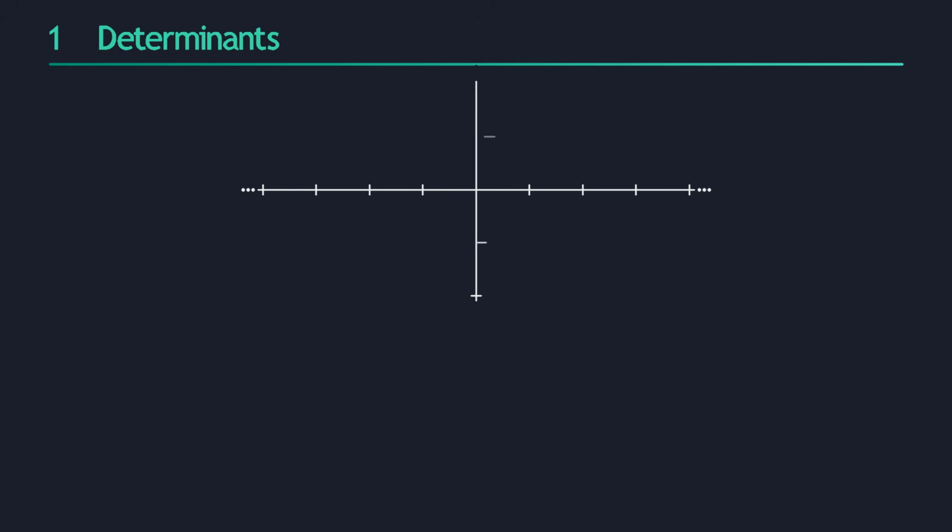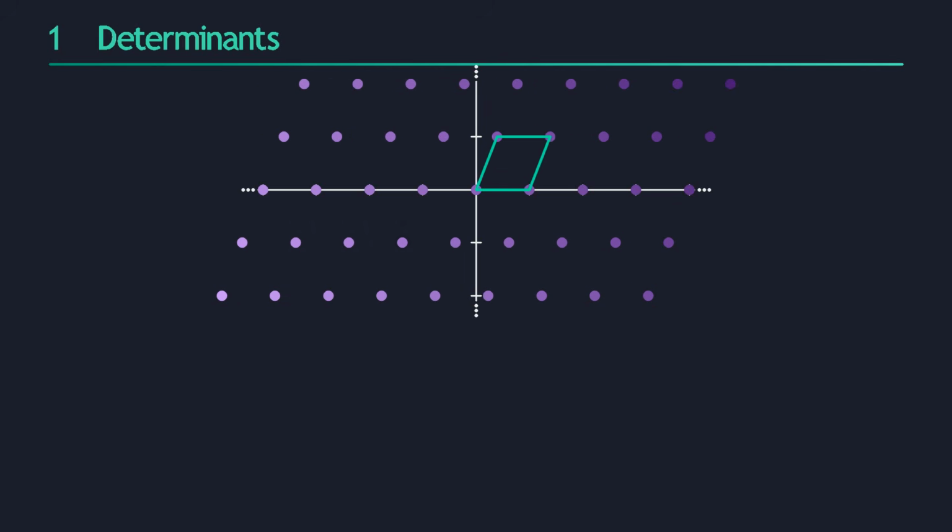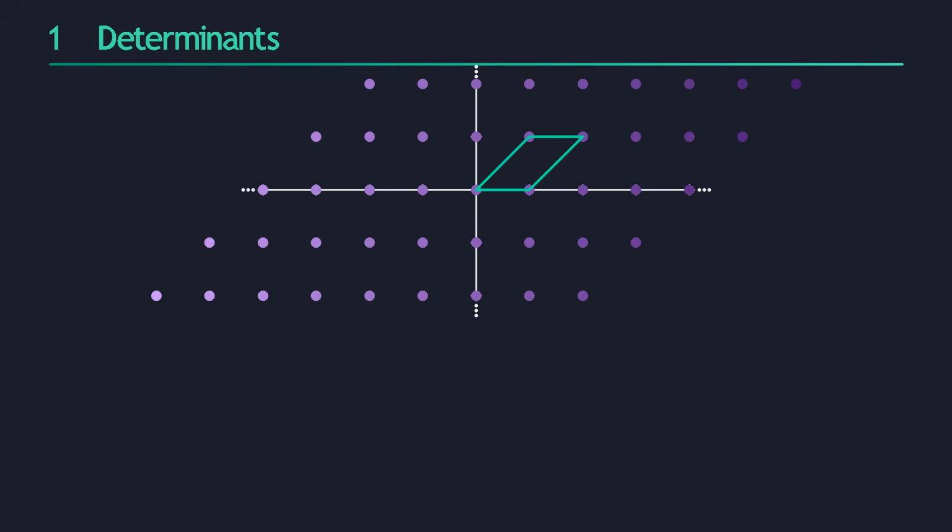Let me take you back to the series on linear algebra. We studied the effect of a linear transformation on a grid of vectors in the plane. Then we drew a little unit square, and we transformed it into something else, typically some kind of parallelogram. The unit square has an area of 1, and the final parallelogram may have a different area.